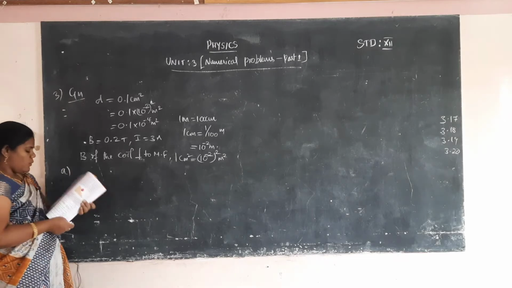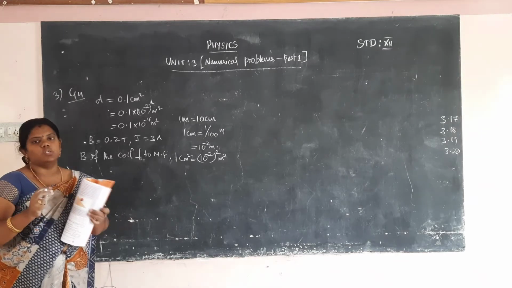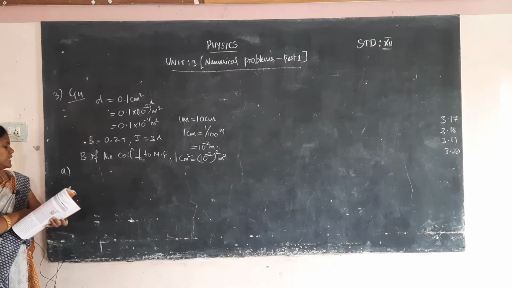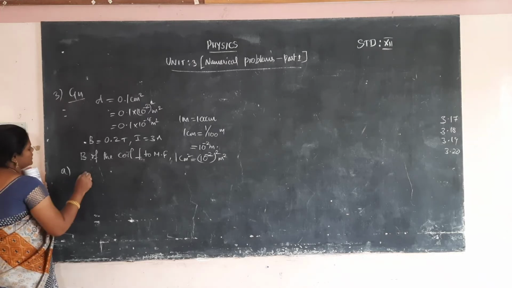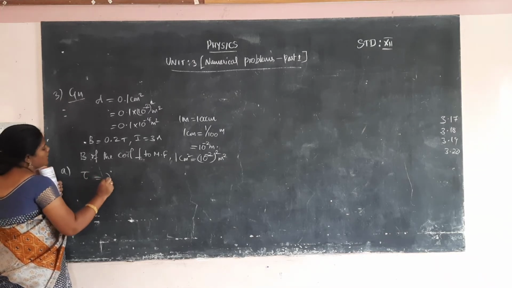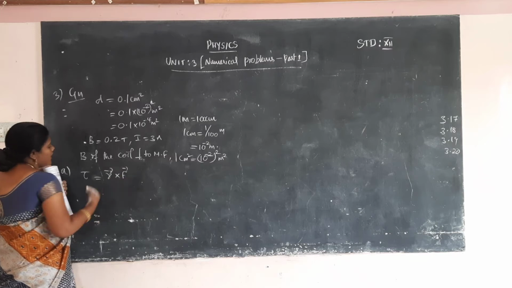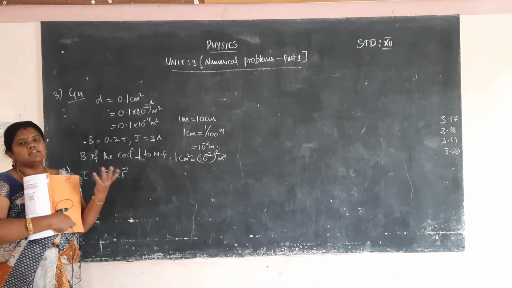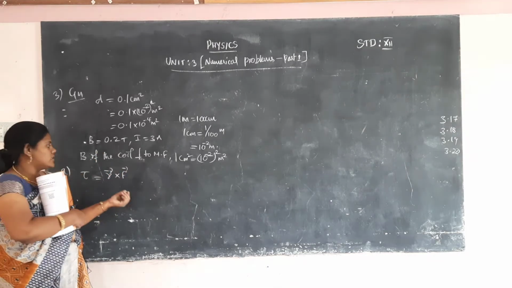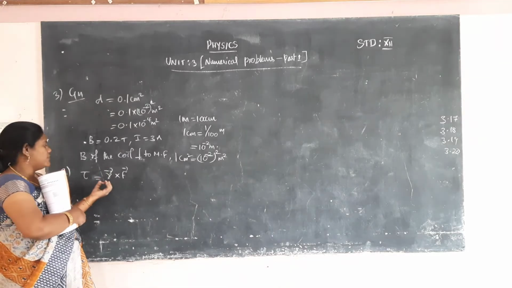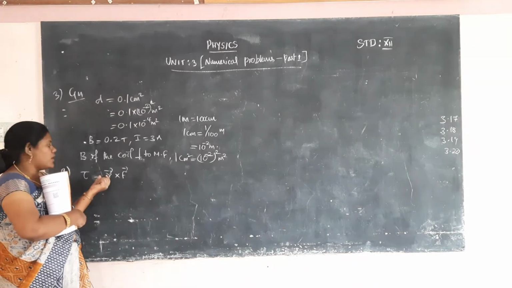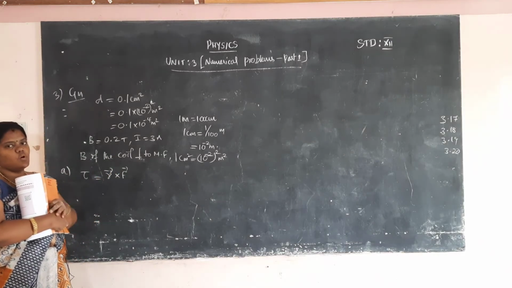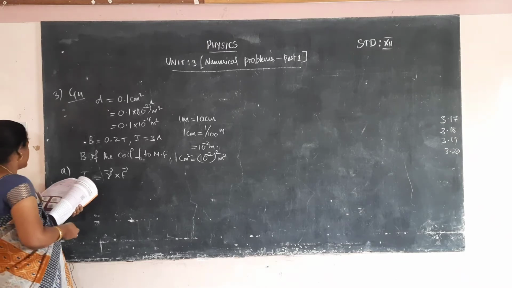The first question is, what is the torque acting on the coil? What's the formula for torque? Torque tau is equal to R vector cross F vector, because torque is nothing but force into perpendicular distance, where R is the position vector.